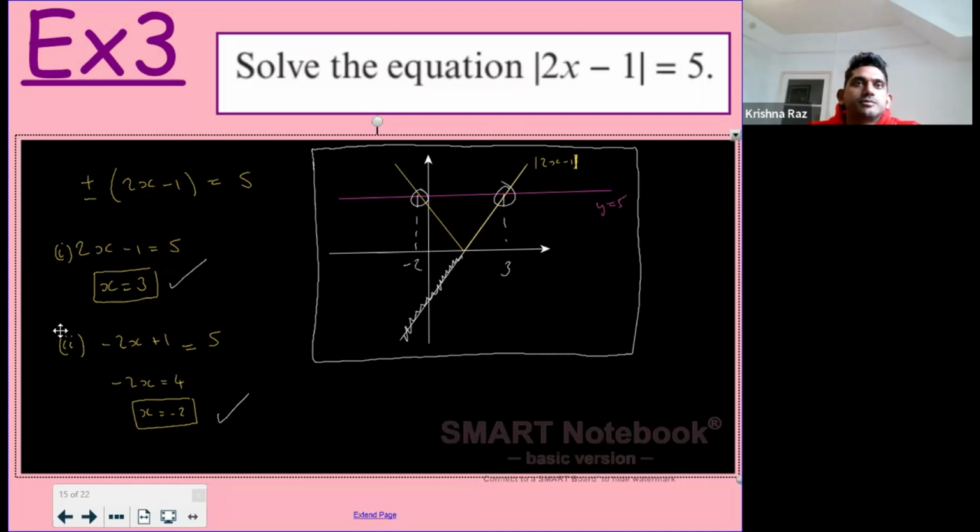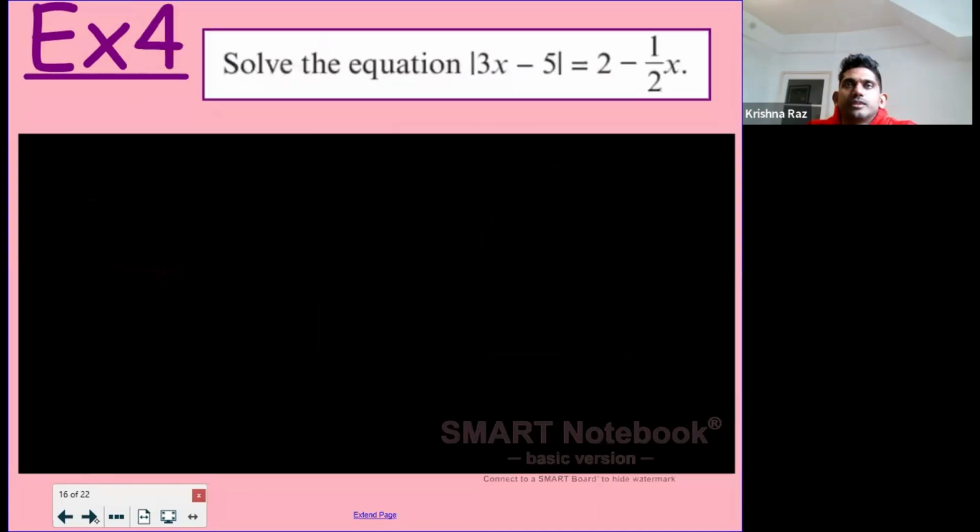Let's go to example 4. Solve modulus of 3x minus 5 equals 2 minus a half x. I'm going to draw this graph first, just so I get the spacing of my page okay.